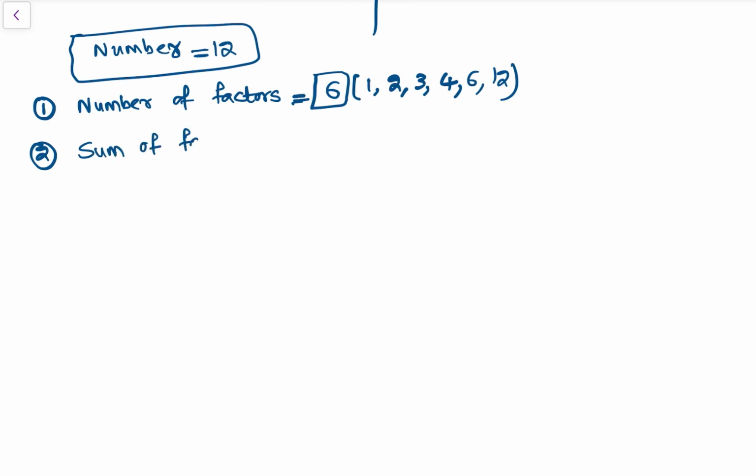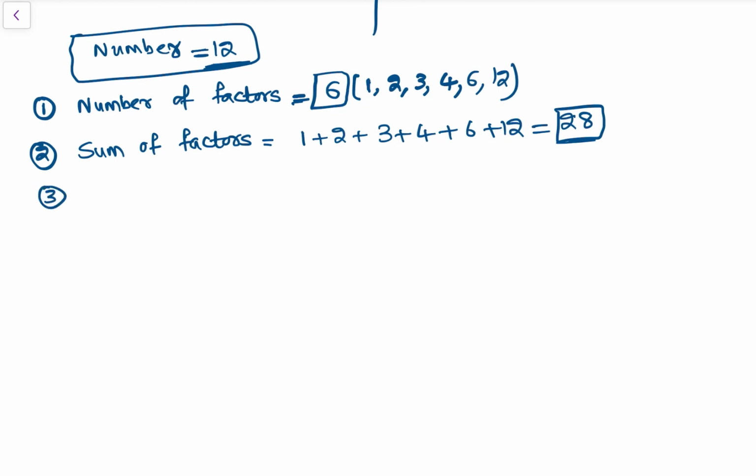Sum of factors of 12. For number 12, these are the factors, ठीक है, उनका sum 1 plus 2 plus 3 plus 4 plus 6 plus 12. If we add, that would be 28. So sum of factors of 12 is 28. We are basically adding the factors.